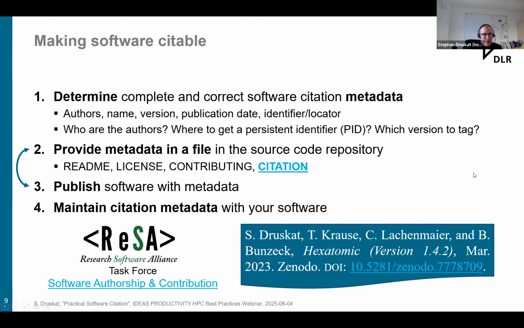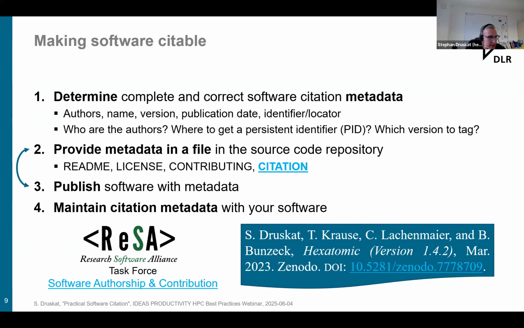And once you have all these metadata, you can supply them in a file in the root of your source code repository. And that's the practical part of making your software citable. The file should be called something like CITATION, all caps here, because that's also how you name files like the README, which is basic documentation for the software, a license file, or a contribution guide.